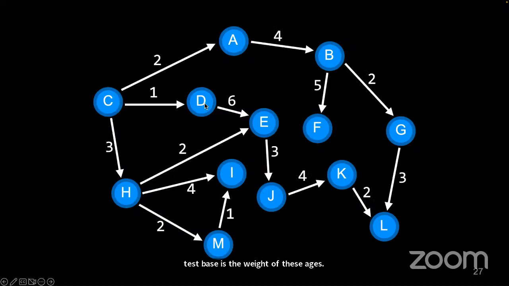For example, we see that from state D, the action costs us 6, and from state H, there are several actions available. Some cost low and some cost high.